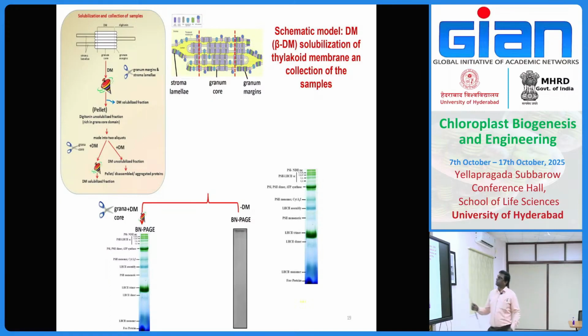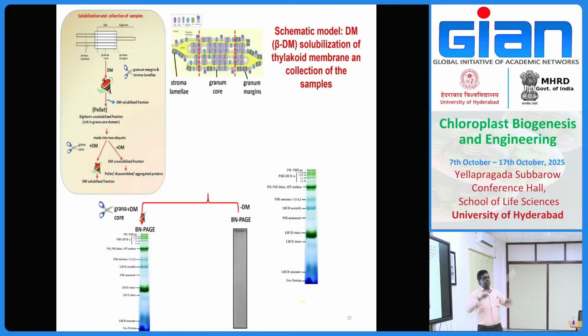In Chlamydomonas or the algal system, or the cyanobacteria, or the higher plants, they have this, and Professor Tripathi has explained very well: stroma lamella, grana core, granum margins, all of them.